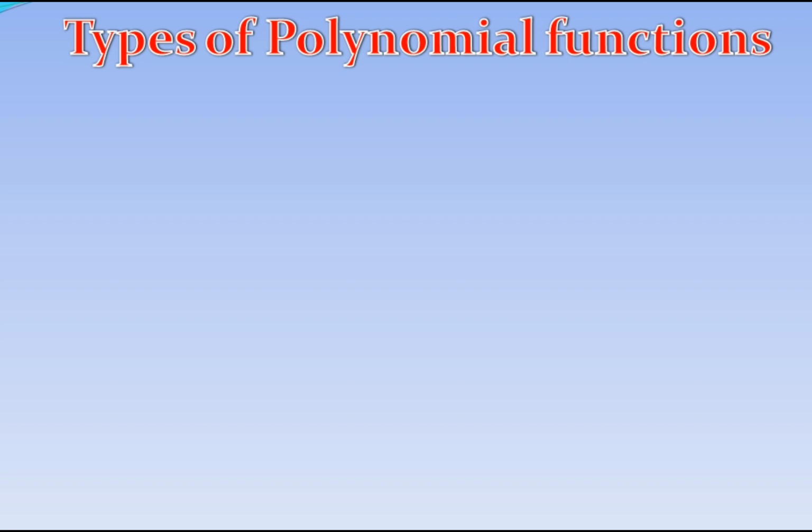So when you are asked to mention some types of polynomial functions, what are some of the types that you may think of? Yeah, so these are some of the types. The first one on our list is the constant function.